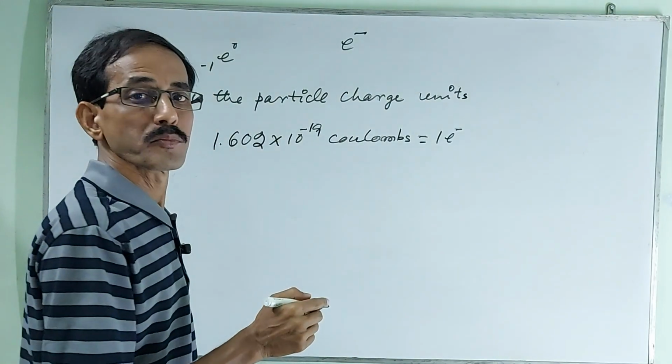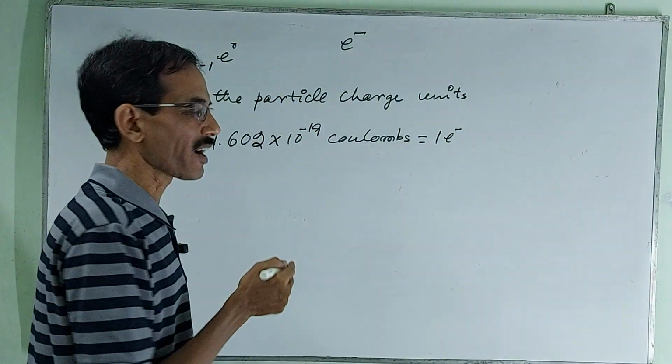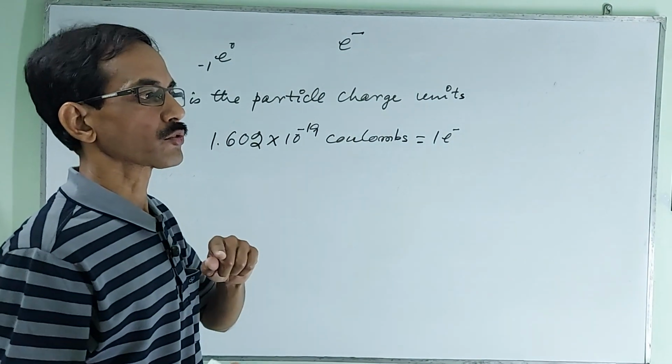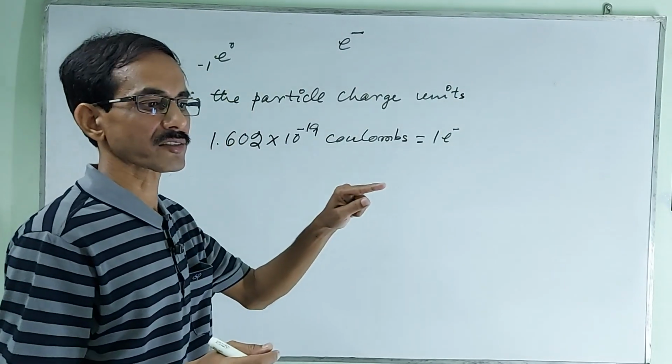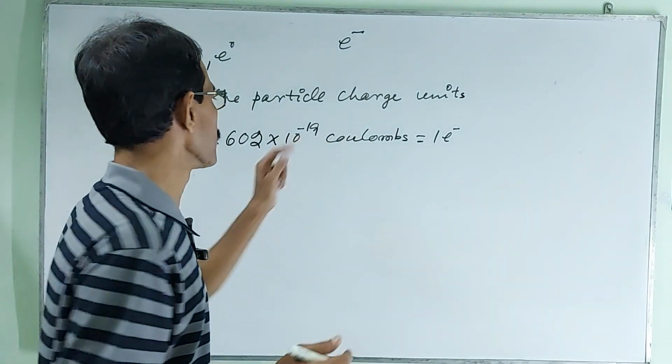When 1 coulomb charge is passed, how many electrons has been passed through the conductor? We will calculate.